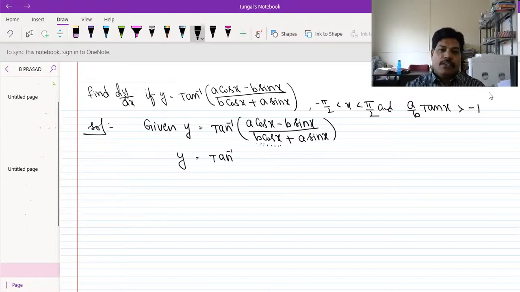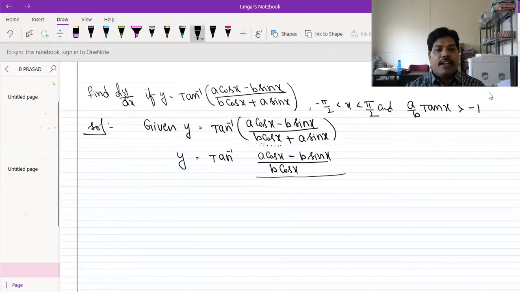What happens? That is nothing but a cos x minus b sin x by b cos x. Similarly, I will divide the denominator also.